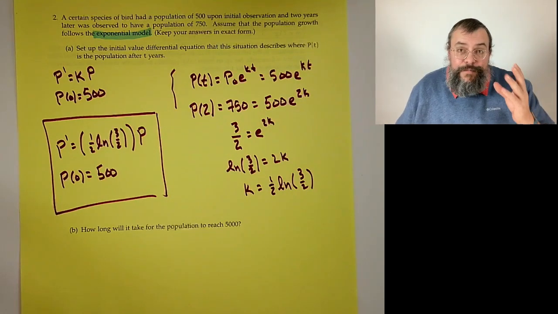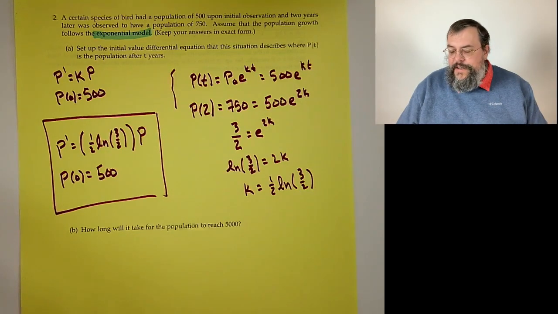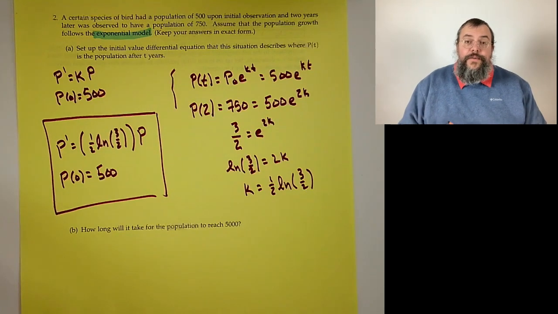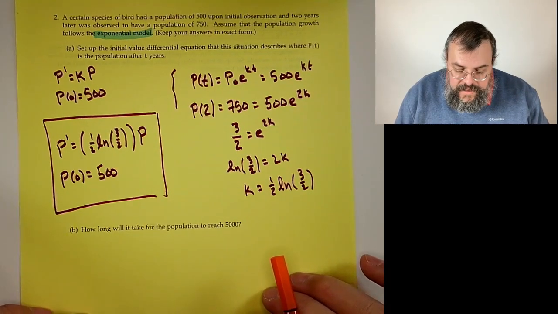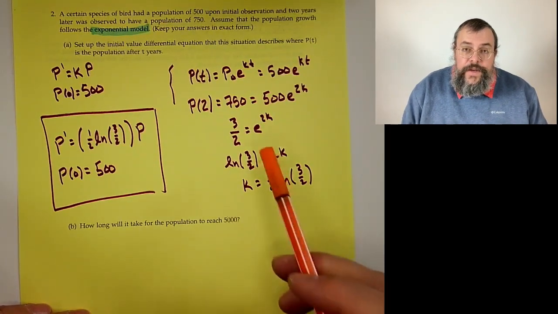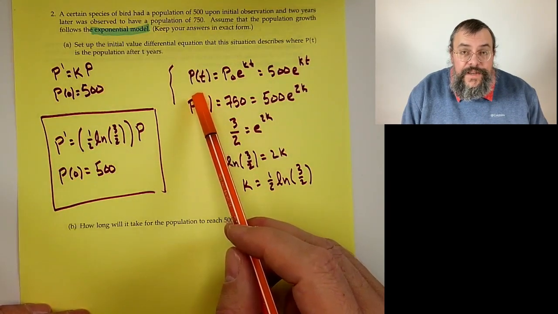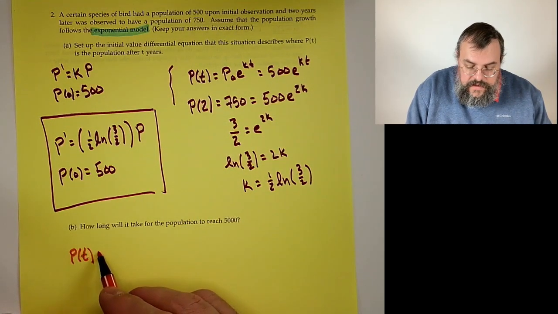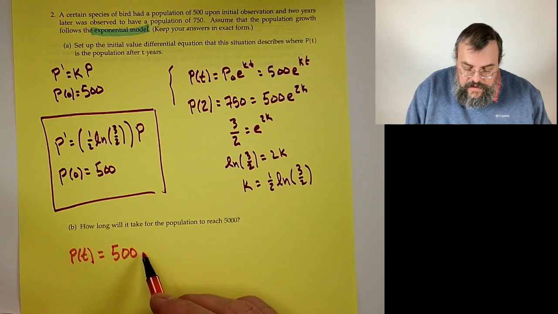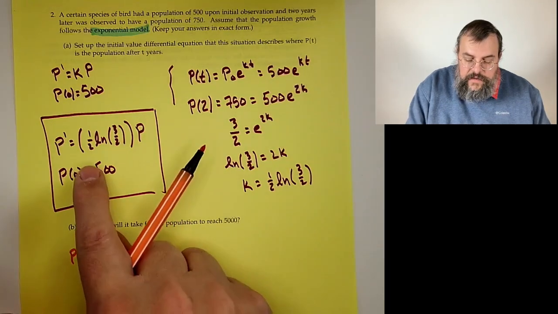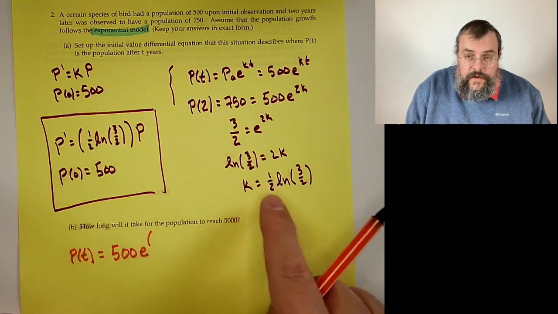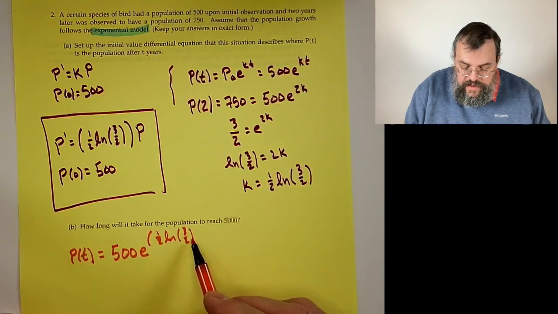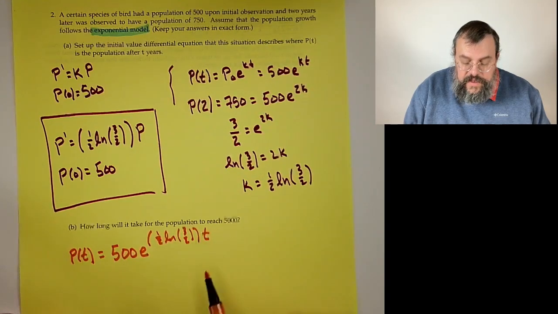Now, part B. How long will it take for the population to reach 5,000? Well, this is actually not so bad. We can use P of t. We know P of t is equal to 500 e to the k, which we solved for, so 1/2 natural log 3 halves times t.